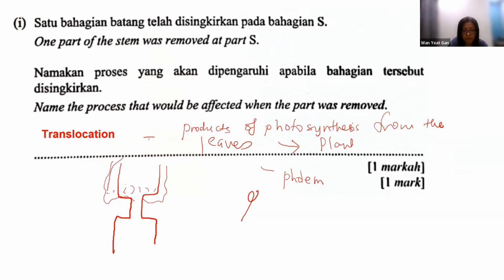This is called bark ringing. The upper part becomes swollen while the lower part will wither, because the phloem has been removed at this part, so food substances, organic substances cannot be transported down. So the organic substances accumulate on the upper part of the bark.